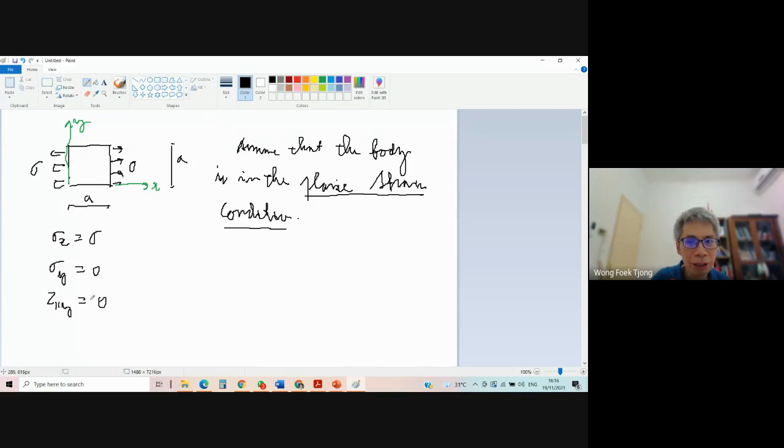In plane stress or plane strain here, we also have sigma z, right? But sigma z is also assumed 0. No, sigma z is not 0, sorry, because I assume plane strain. If I assume sigma z is 0, of course, it becomes plane stress.